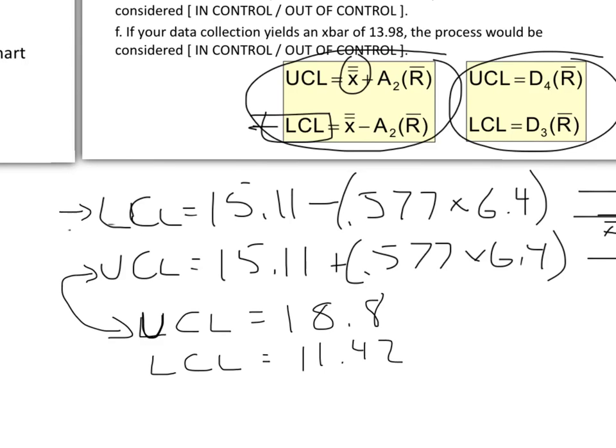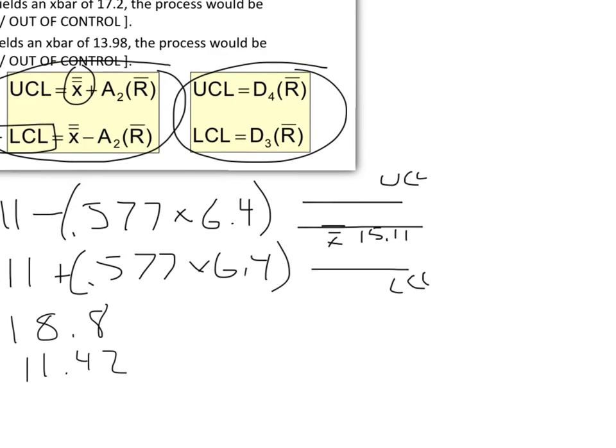Alright, so again, if we just go back over to this, just to illustrate what we've just done here, this value is going to be 11.42, and the upper is going to be 18.8. Okay, and so this is in minutes. So again, this is this oil change problem here.